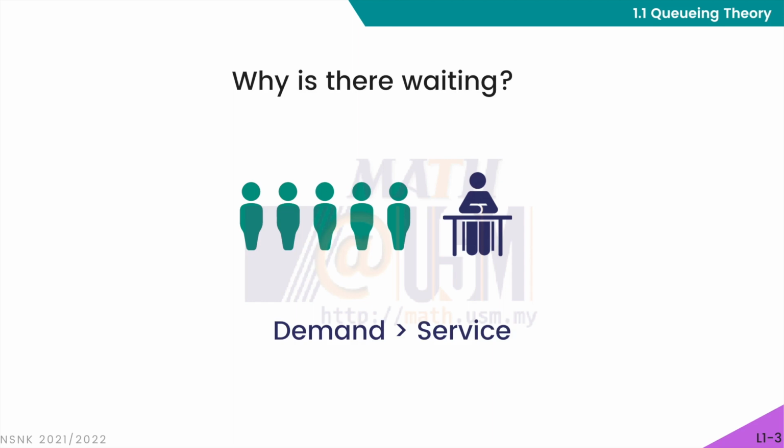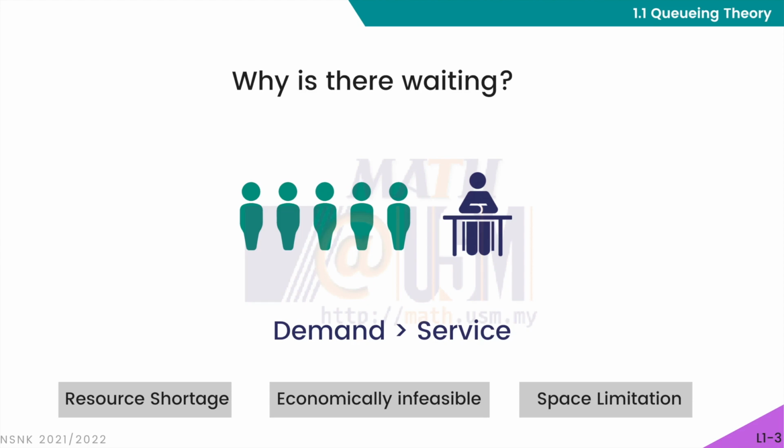This situation could occur for multiple reasons, but some could be resource shortage, or that it is economically infeasible to, let's say, hire more servers to attend to the customers, and also it could be due to space limitation of the system. If you have a smaller space for the system, you have a smaller space to locate your servers, and that's why your customers have to wait before receiving the service.